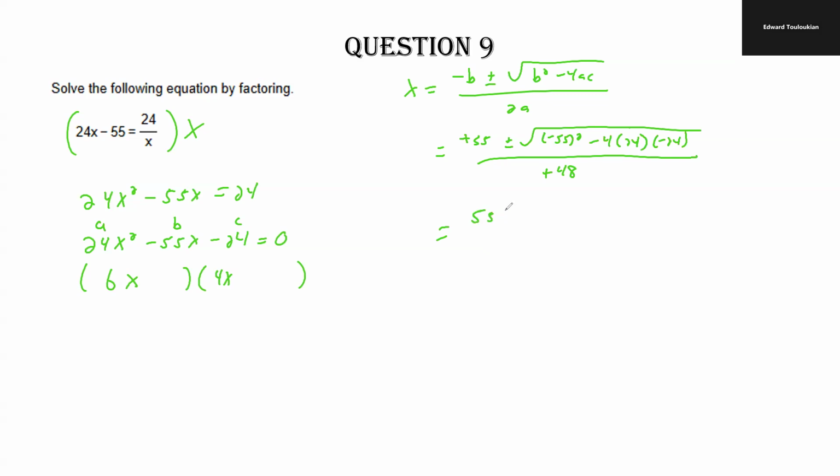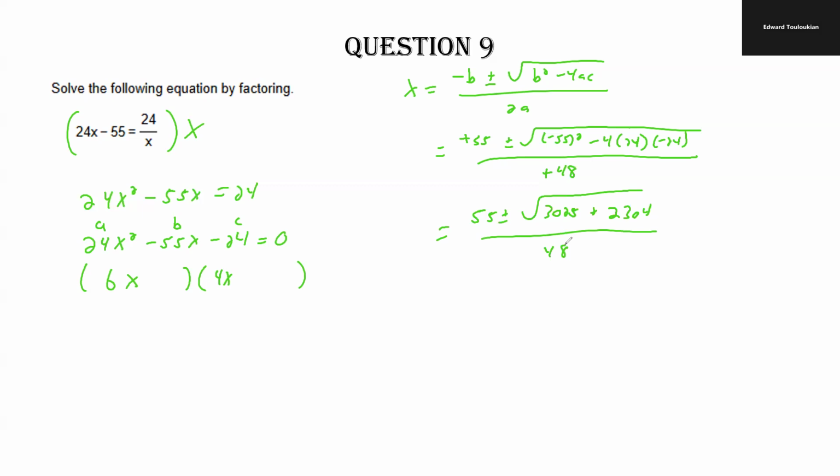All right, so 55 plus or minus the square root of, we're going to need to do some work here. 55 squared is 3,025 plus, because minus minus will be plus, 24 times 24 times 4, 2,304, all divided by 48.